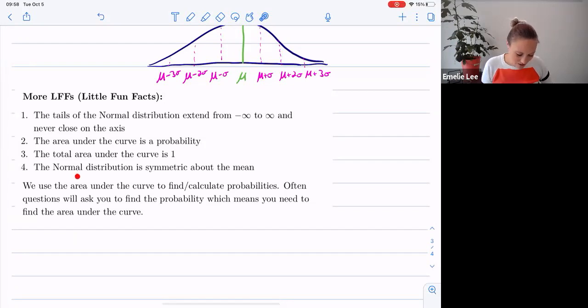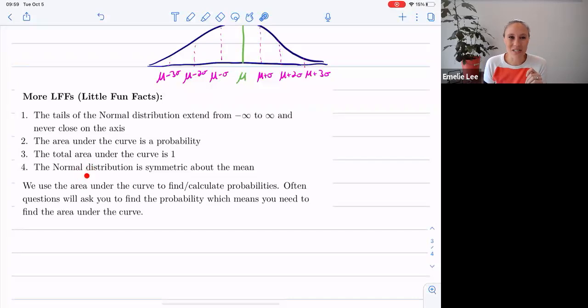I wish the normal distribution was nicer to deal with, because it's so common. We'll see some where we could integrate it, but for now we're talking about the normal distribution because it's the most common distribution that we have to deal with. And so the total area under the curve is 1. That's going to be really important to remember.